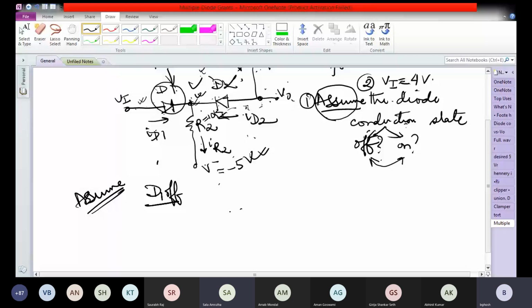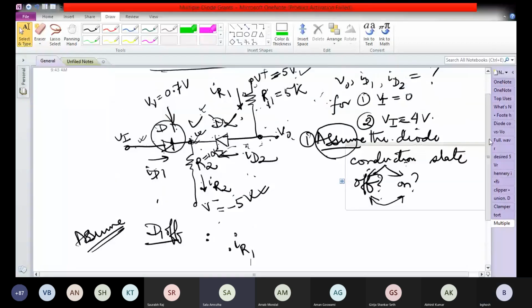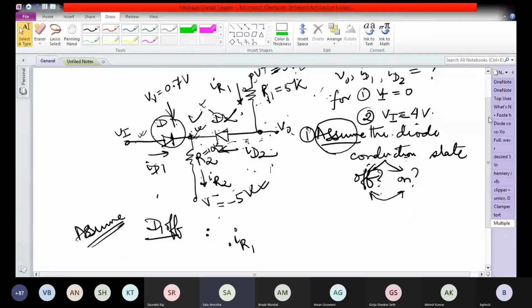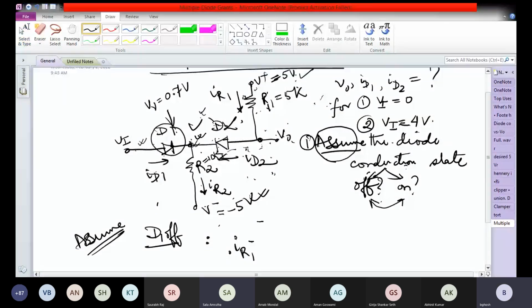So if diode D1 is off, you can find the current IR1 by applying KVL across this loop.